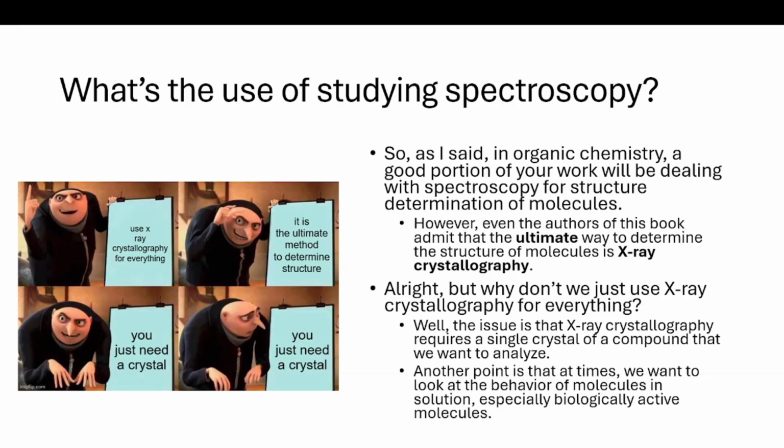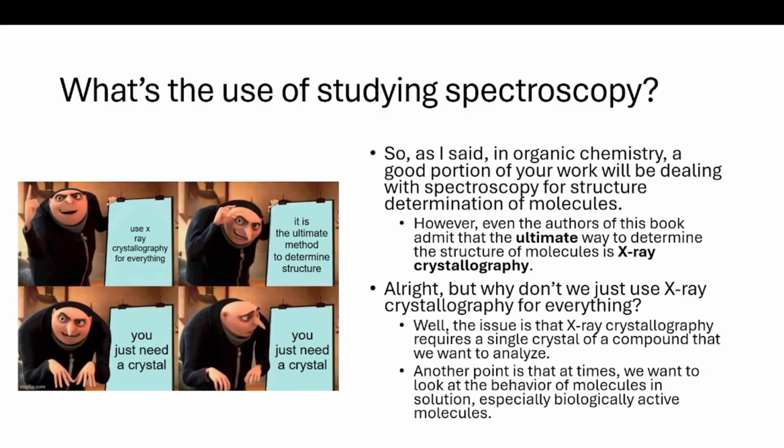I want to draw back to what was said by the authors around chapter 1. In chapter 1, we were introduced to a technique known as X-ray crystallography. If we have a compound and we want to determine its structure, we can take a crystal of that compound and shine X-ray light through it.